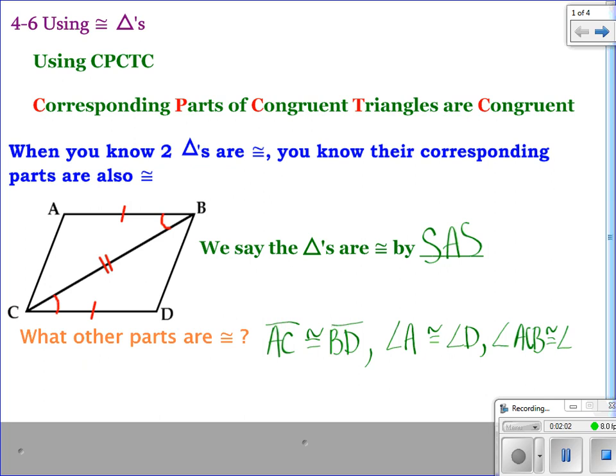We talked about angle A being congruent to angle D. Why didn't we need 3 letters there?